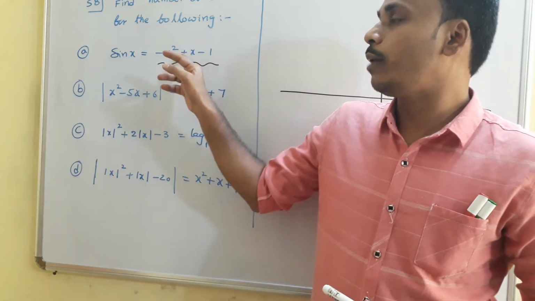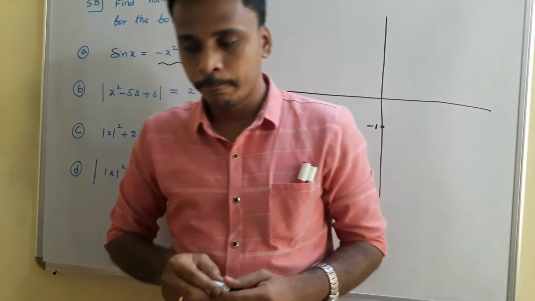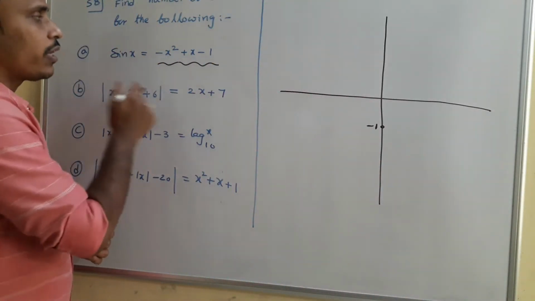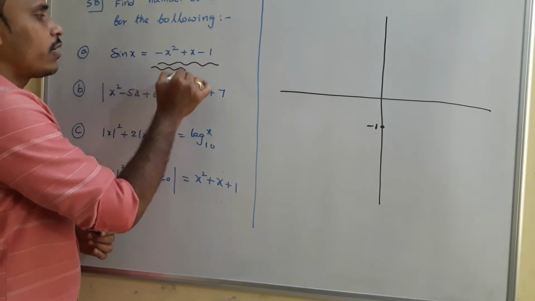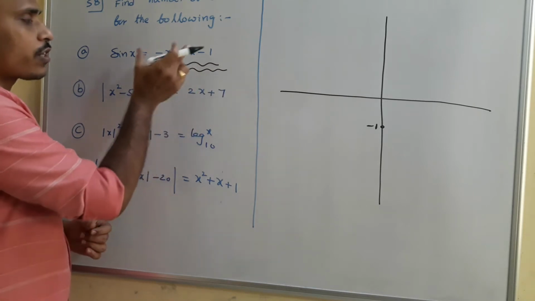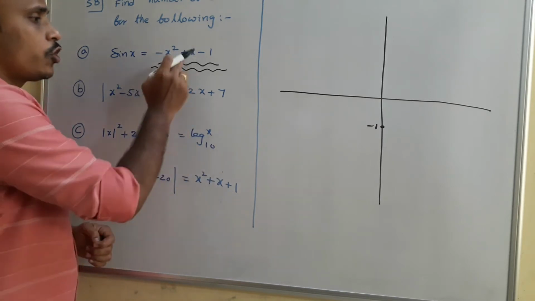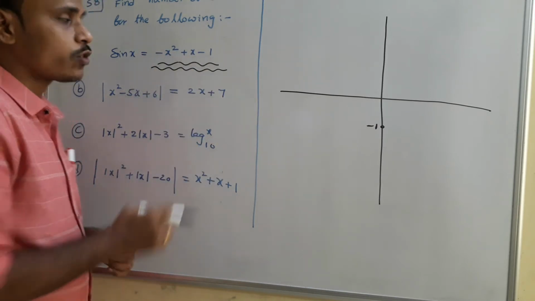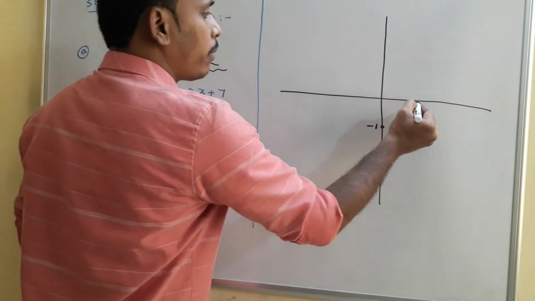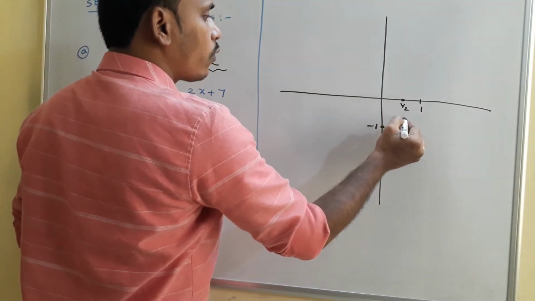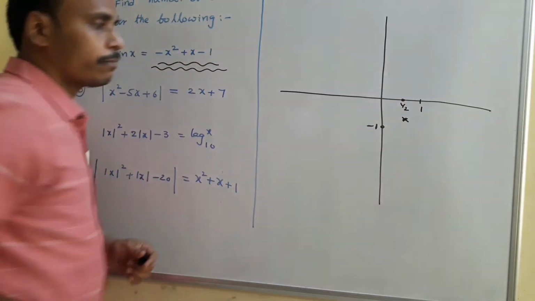Minus b by 2a means minus 1 by 2 into minus 1, which is 1 by 2, right? We already completed different ways of sketching graphs. So simply, it has no roots. If x is 0, it passes through minus 1, and it has its peak point at minus b by 2a, which is 1 by 2. At that 1 by 2, somewhere it will have the peak.